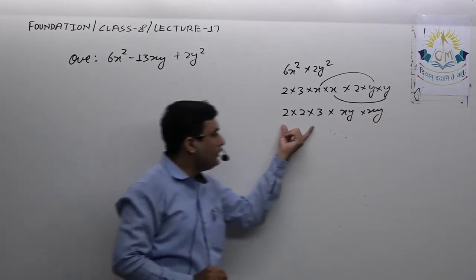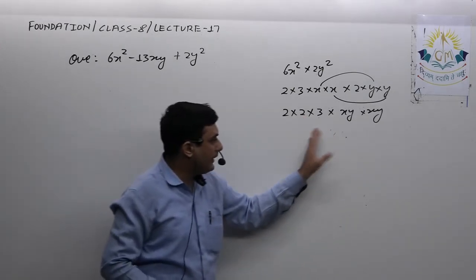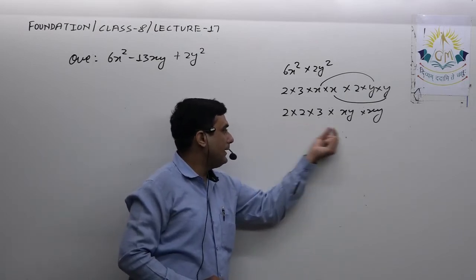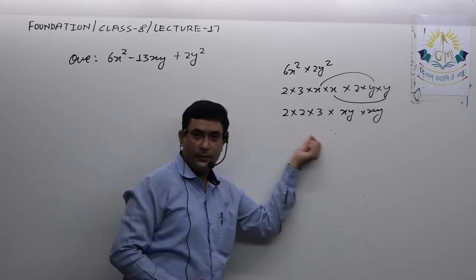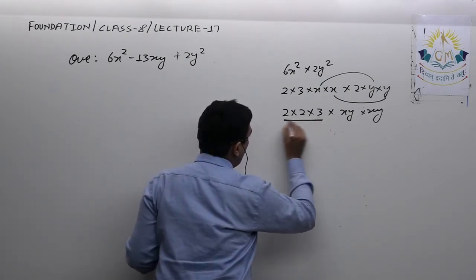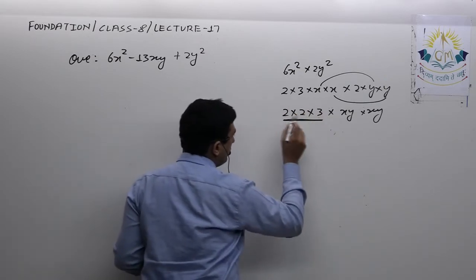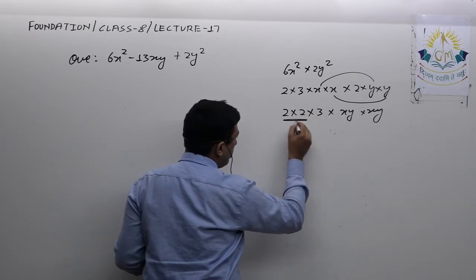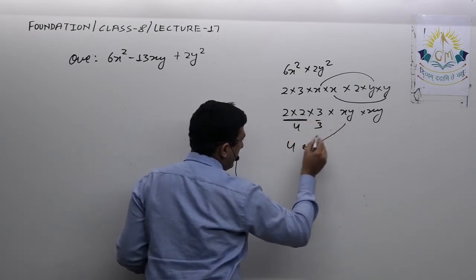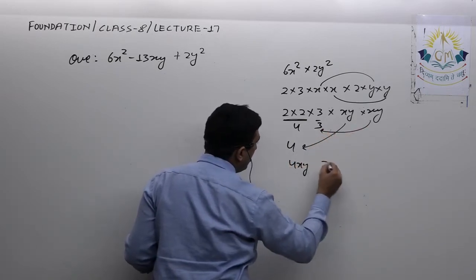Now I have to use these numeric values to get 13xy. If I make two groups of these factors, I take one xy with one group, another xy with the next group. So you have to make two groups using these factors, 2 into 2 into 3. If I take this 4 and this 3, and as I told you, one xy will come over here, one over here, so this will become 4xy and 3xy.